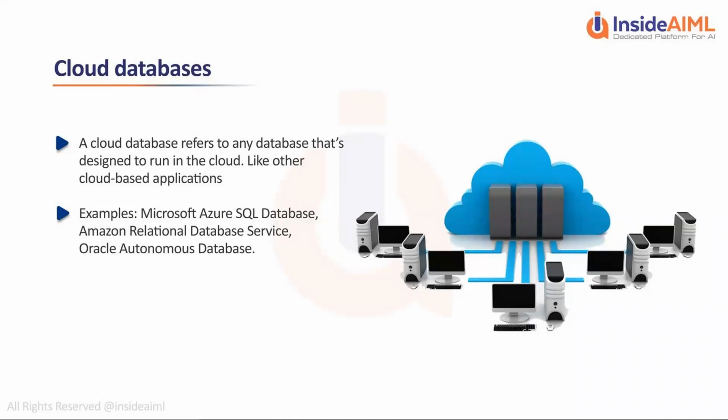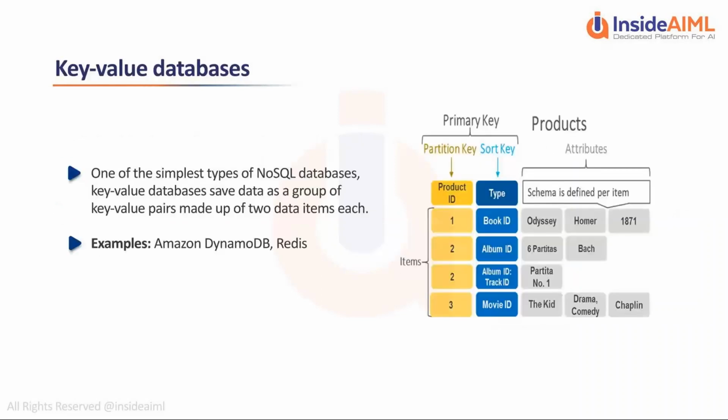You have Amazon Relational Database Services, you have Oracle Autonomous Databases. Okay, so we have cloud databases, and the data is stored in key and value pairs, so key value databases. And mostly you'll see Amazon DynamoDB, MongoDB, they store this data in key and value pairs.